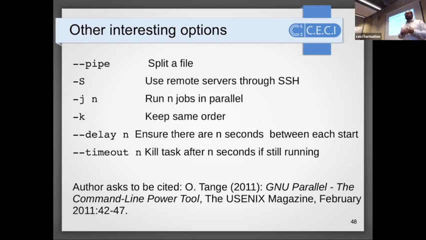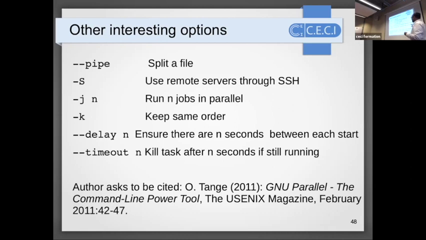Sometimes it doesn't matter because you are averaging the results, for instance, and the order in the sum is not important, but sometimes it is. With GNU Parallel, you can say, okay, please keep the order in the output. It could be a bit slower, because as long as the second result is not available, you will not see the other results afterwards.